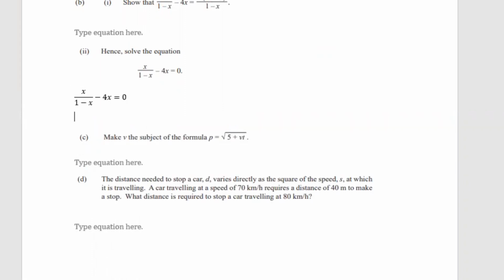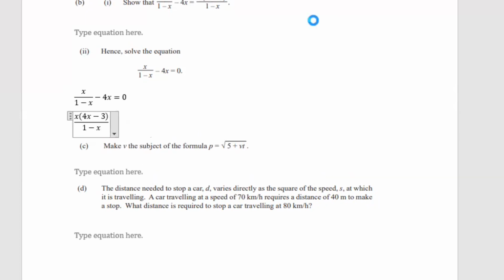Since we had solved up top and we know what this would have worked out to be, which should have been x then in bracket 4x minus 3, with all of that being divided by 1 minus x. So remember, we just proved that that is what it would have worked out to be, being equal to 0.